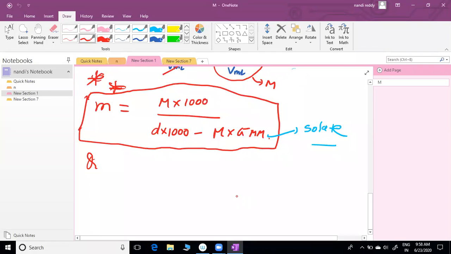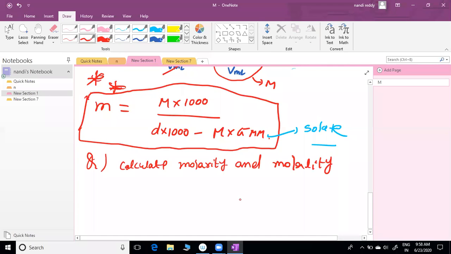Calculate molarity and molality. Calculate molarity and molality of the sulfuric acid.